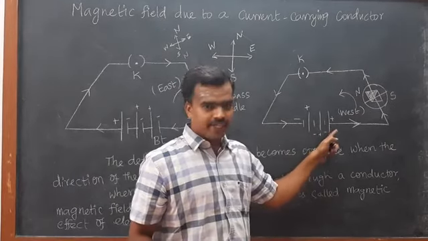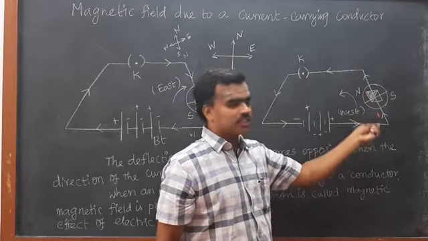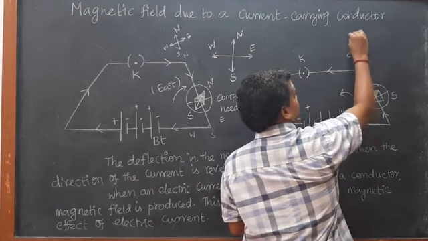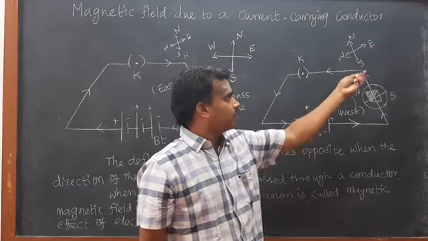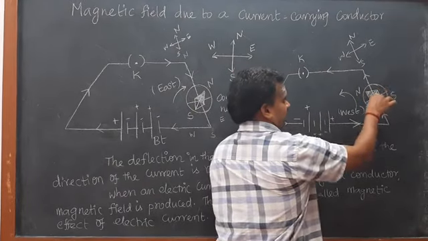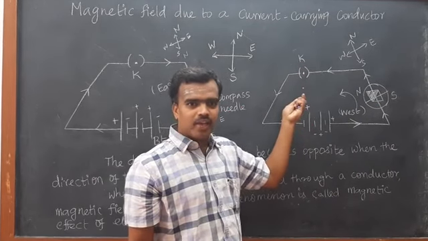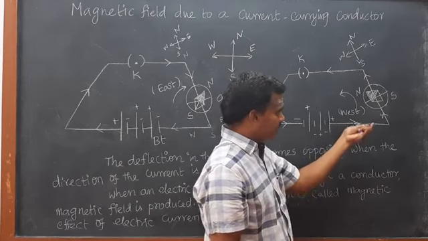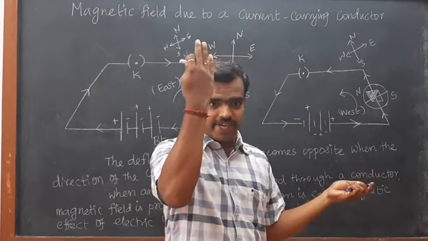If I change the polarity, the current flows from here, and this is the straight line conductor. Again we put the directions: north, south, east, west. Initially the compass needle is located exactly in the north-south direction. When you close this key, the current flows in the circuit, from bottom to top. That means the current flows upward, out of the paper.